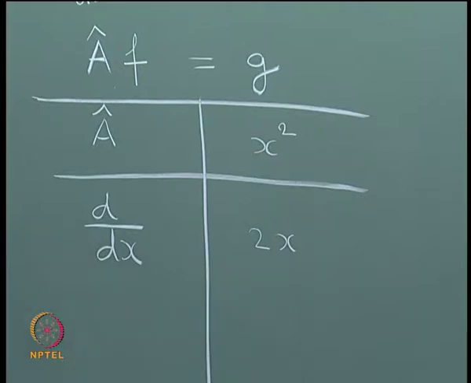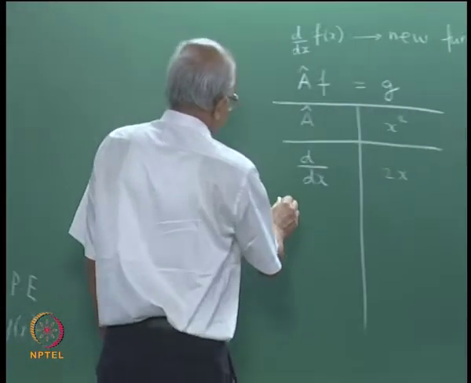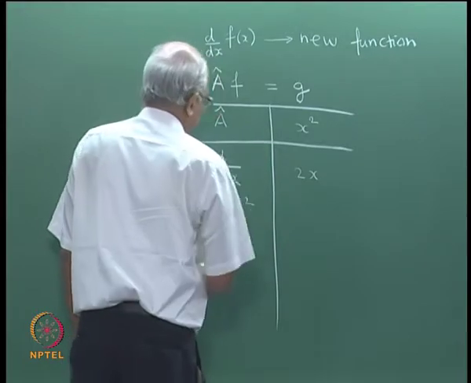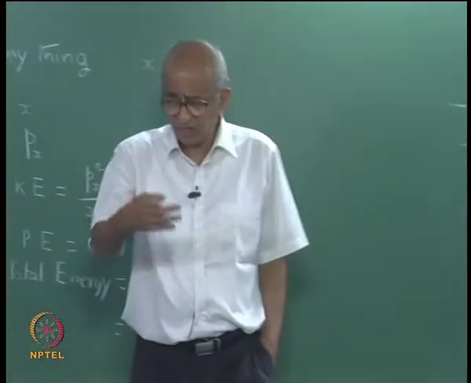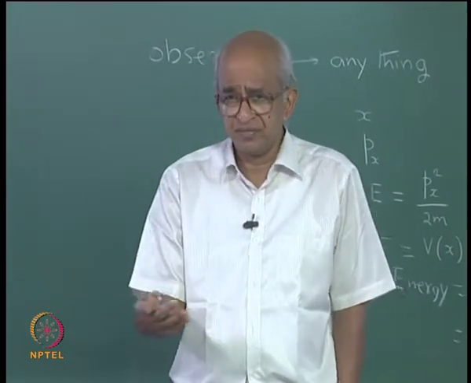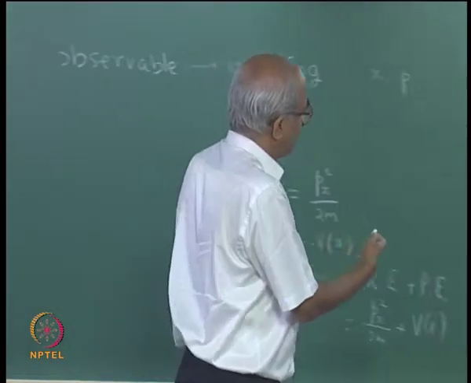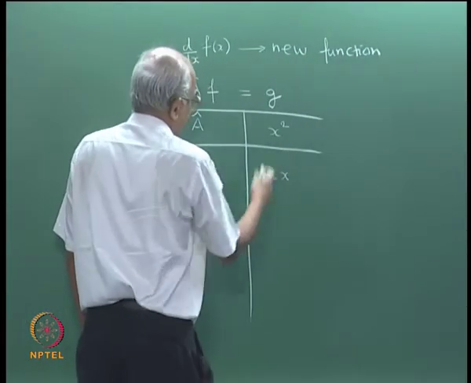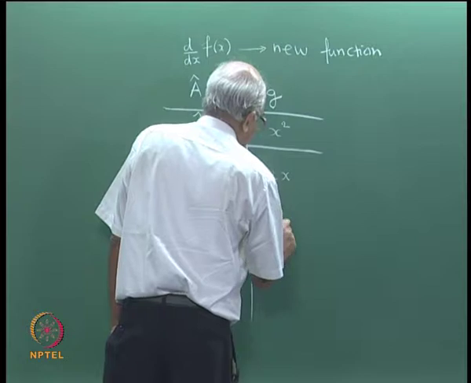Or I can also think of an operator like taking the square, which I shall denote by this symbol. What it tells me is that if you give me the function f of x, I will simply take its square. So, taking the square is an operator that can be performed on x square. What will be the answer?